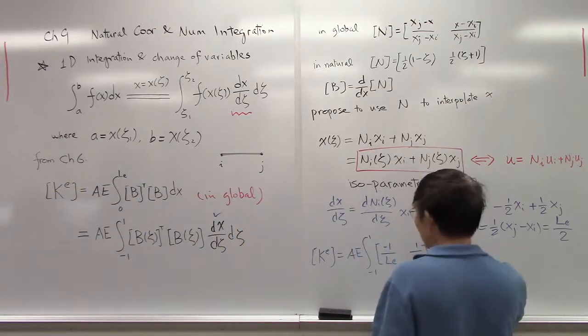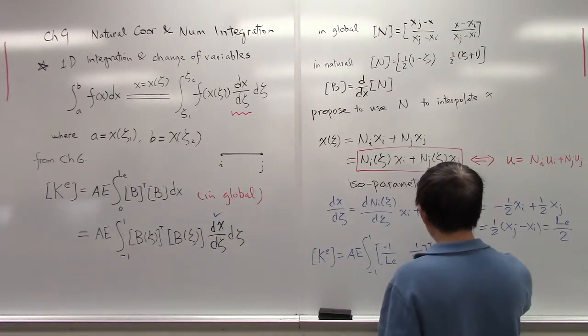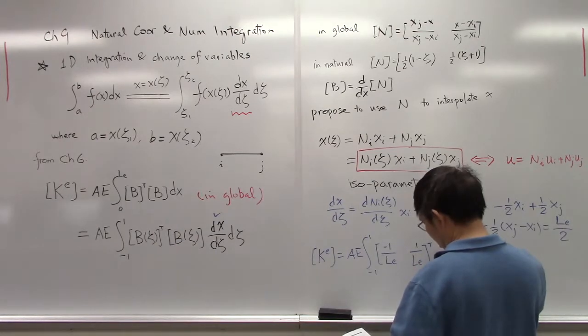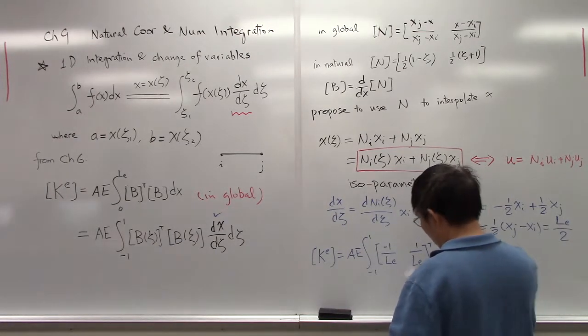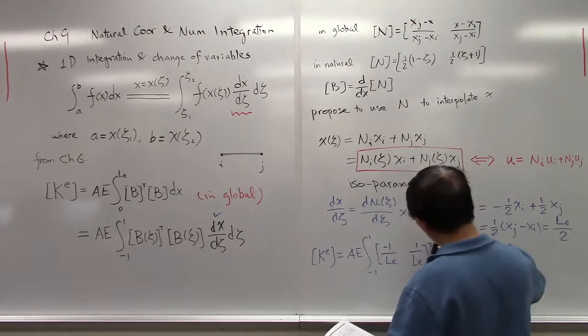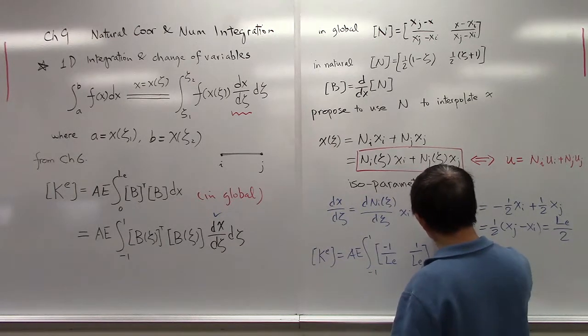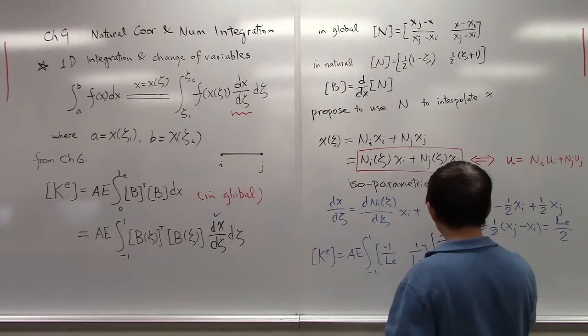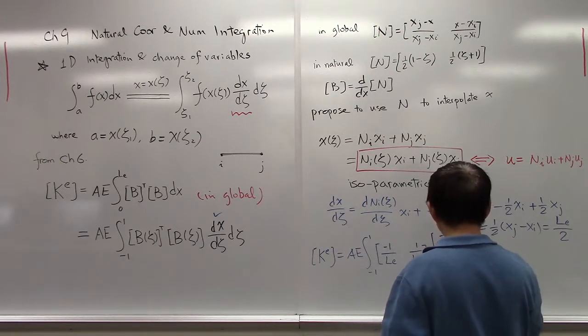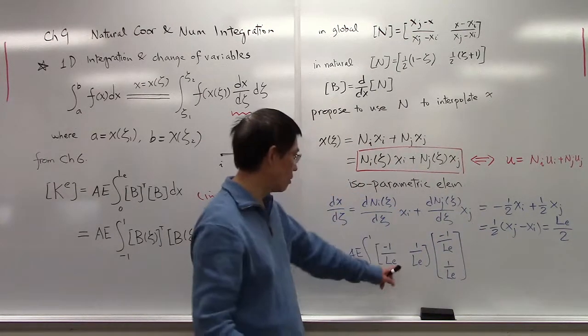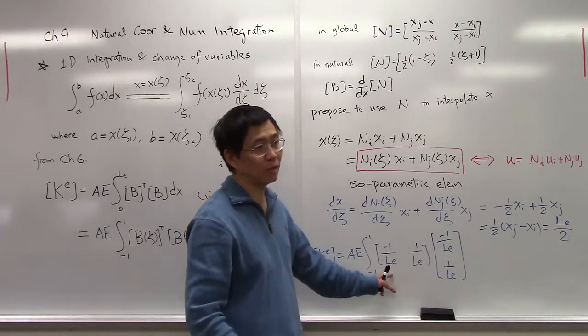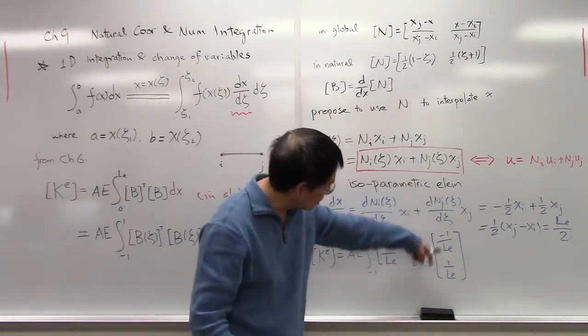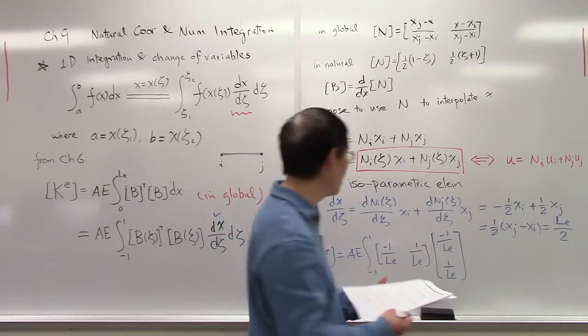And B here is -1 over Le, 1 over Le. So instead of writing it transpose, I already write it as a row vector, so it's been transposed like that. Initially, it should be a column vector.